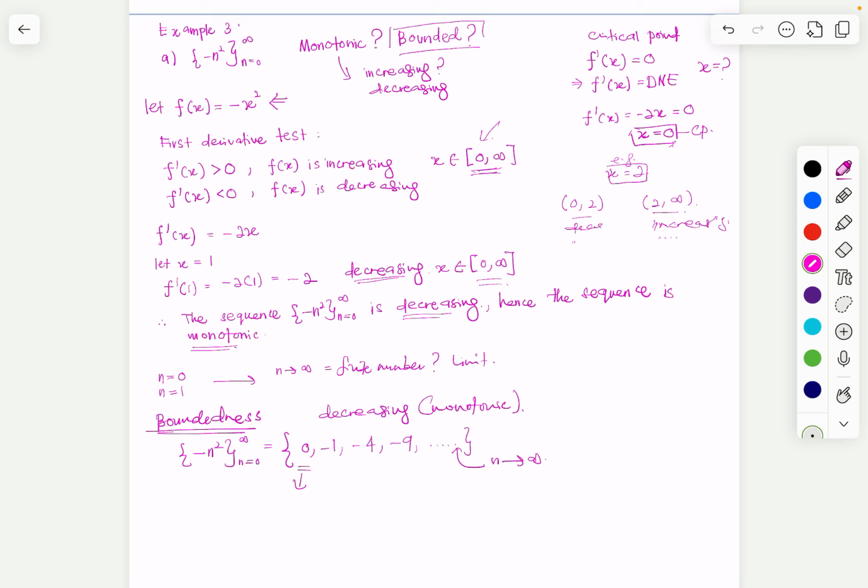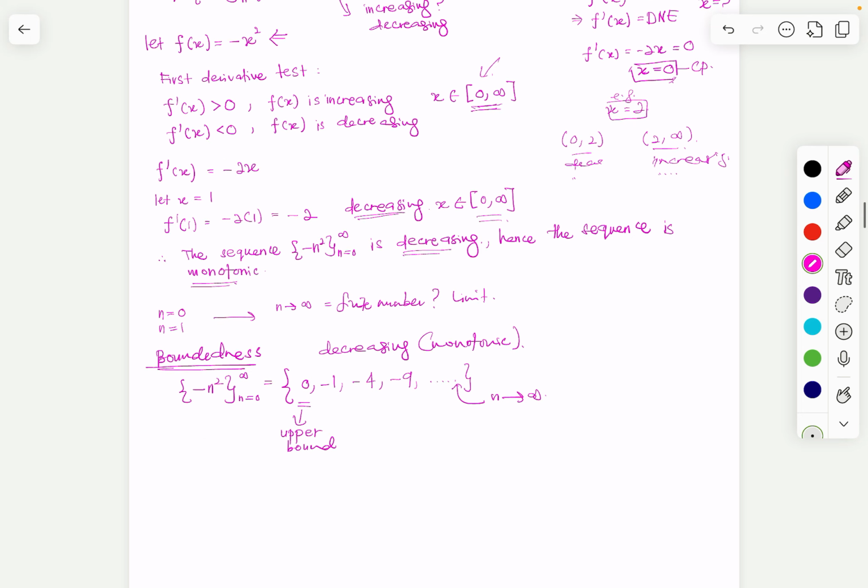So 0 is the upper bound, because it is the biggest number in this sequence. When it has an upper bound, it means that the sequence is bounded above. So you fulfill one of the conditions for it to be bounded.